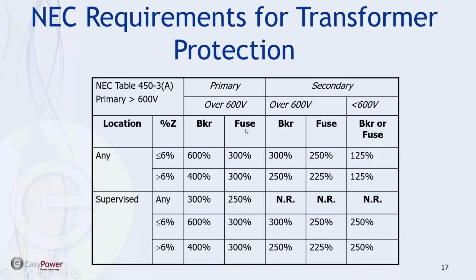So with a 13.8 to 480 step down, on the primary side, I could utilize a 300% rating fuse size, and on the secondary side, potentially be able to use 125% rating for the secondary protection.